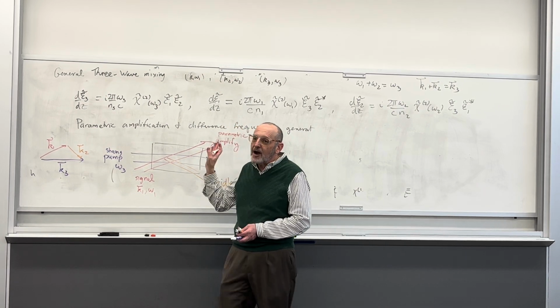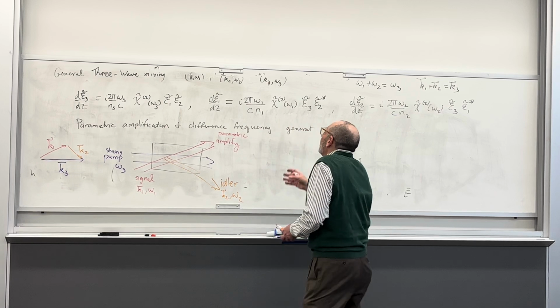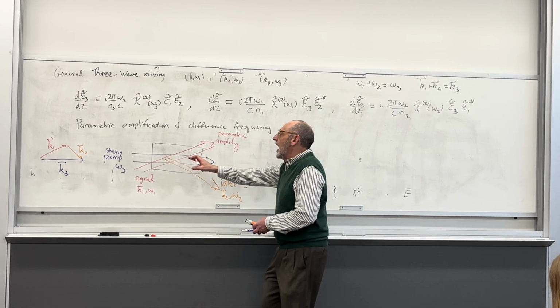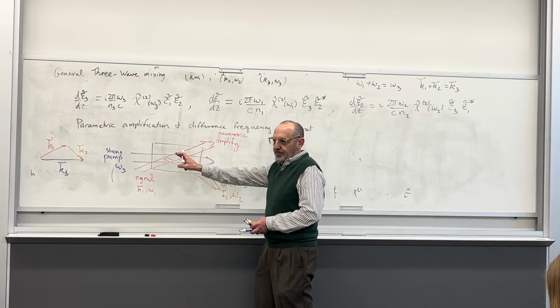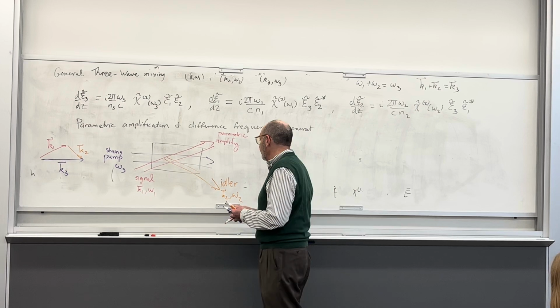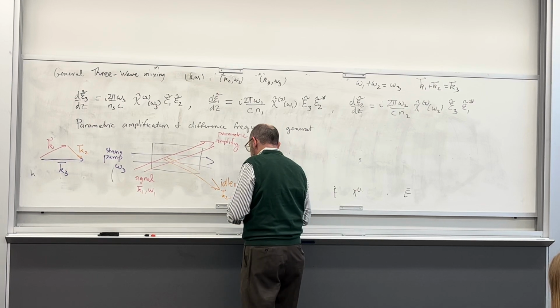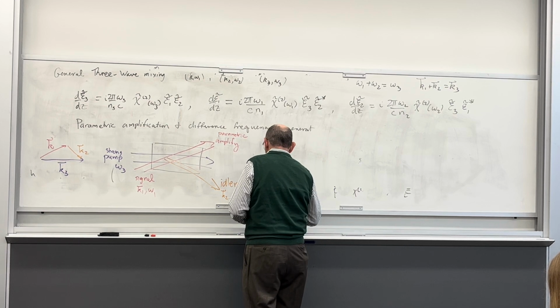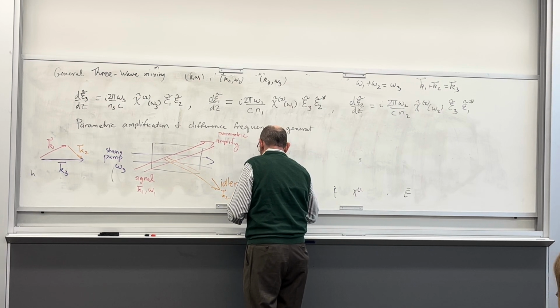The term parametric, well, we'll understand why it's called that in a moment. At the same time, I'm going to generate a third wave, which is the frequency difference. So this idler is at the difference in the frequencies between omega 1 and omega 3.